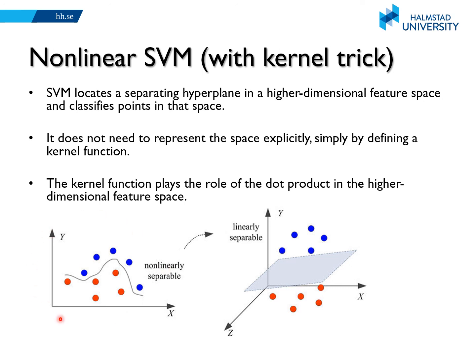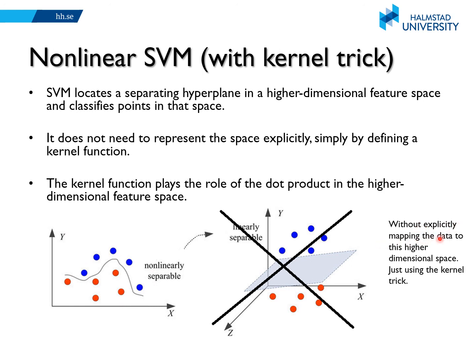And by doing this, it will be as if we projected the data to a higher dimensional space and trained an SVM there. But we don't do this projection explicitly. We just use a kernel function based on our original data. So we don't explicitly map the data to a higher dimensional space. We just use a kernel trick in our original space. And the kernel function of xi, xj in our original space will play the role of the dot product between the two vectors in the higher dimensional space.